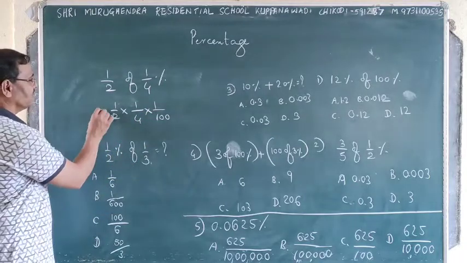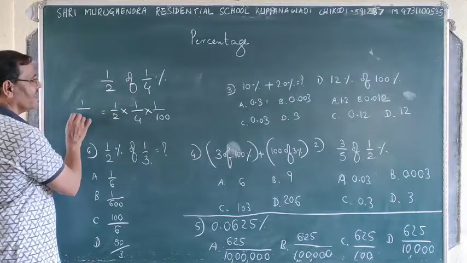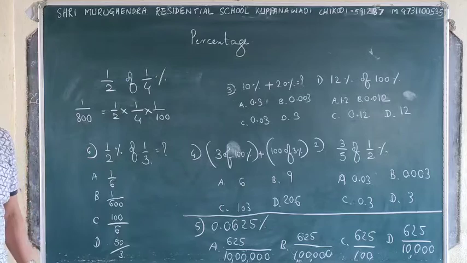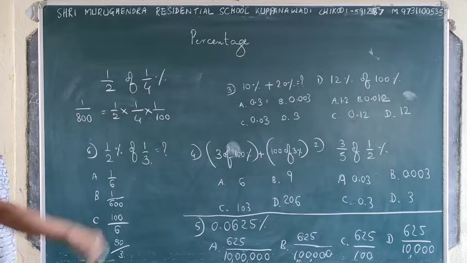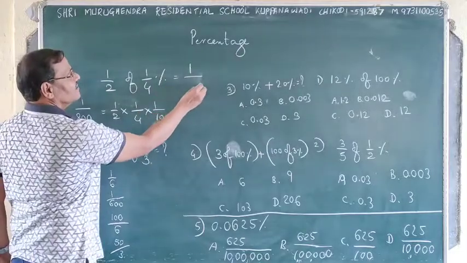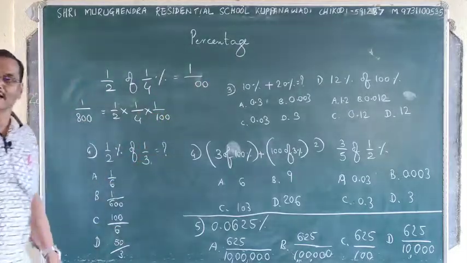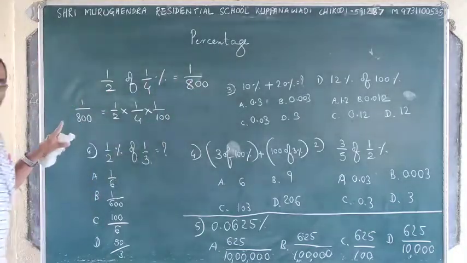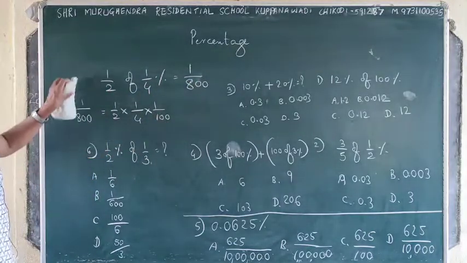That is 1/800. See, percentage means 00 in denominator, and 4 2s are 8. Doing all these you will save time.